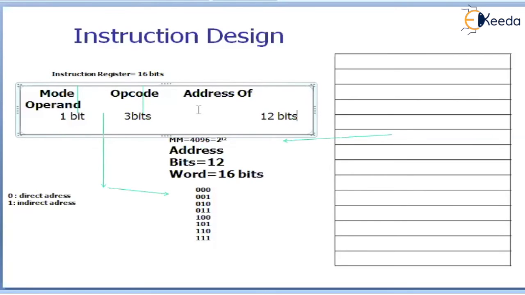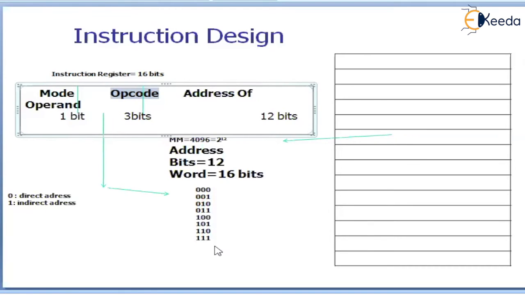Now let us talk about designing these opcodes, because we are designing machine language instructions. First of all, we need to understand how many machine language instructions we can design. It depends on the number of opcodes available for the system. By using 3 bits, a maximum of 8 opcodes can be designed.